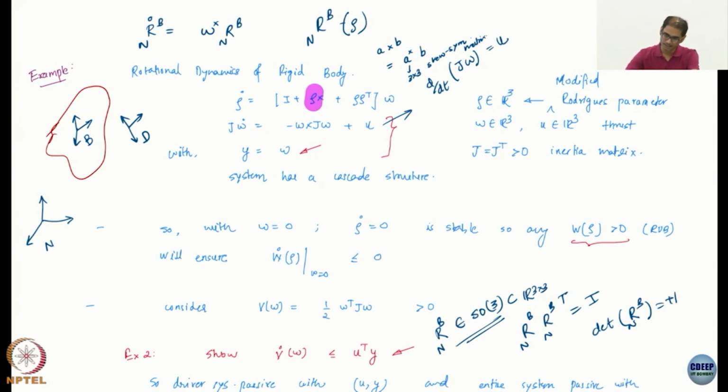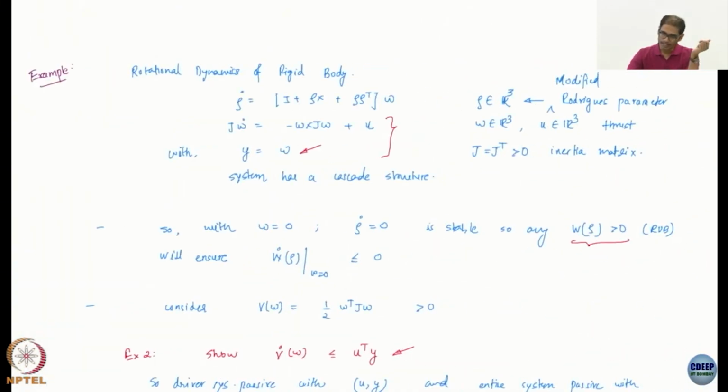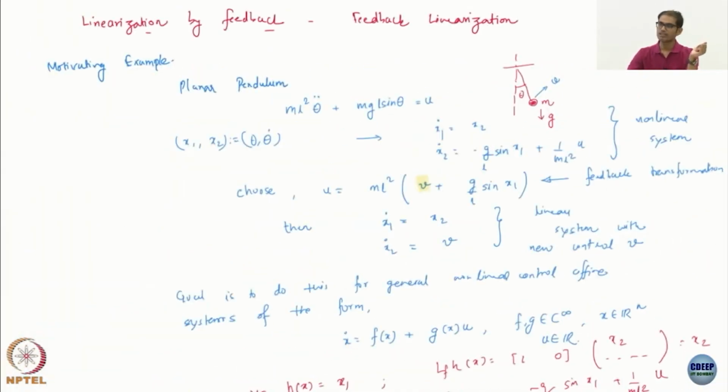But the fact is this system is also feedback linearizable. The question is how do you look, what are the new states in which it is linear, okay. So, feedback linearization is combined with state linearization, okay. So, you also have a state transformation and a feedback transformation typically, okay.